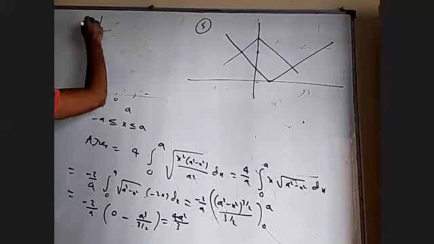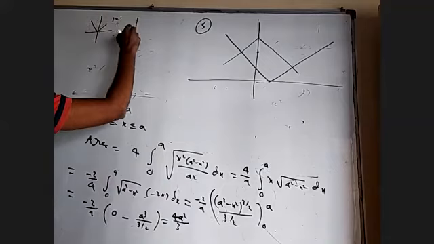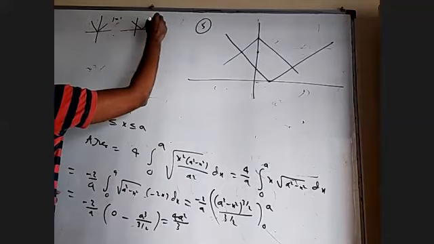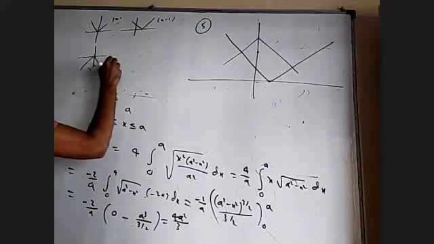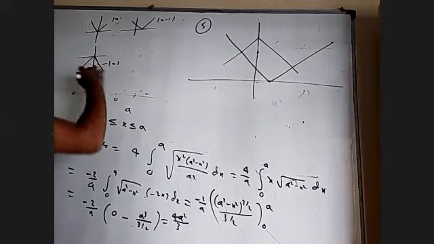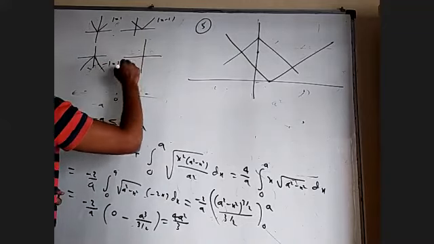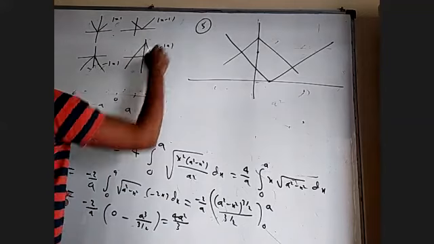This is a graph of mod x. Mod x minus 1 is this one. Minus mod x will be like this, a downward mirror image. 3 minus mod x means add 3 units up. That will be 3 minus mod x.